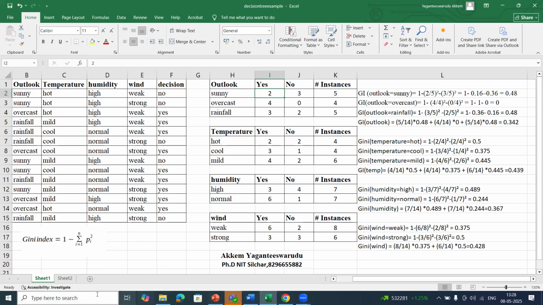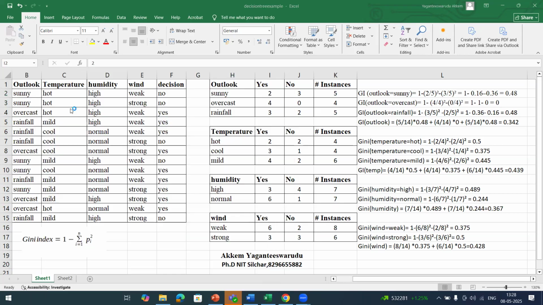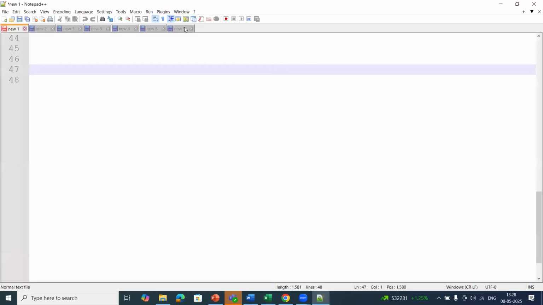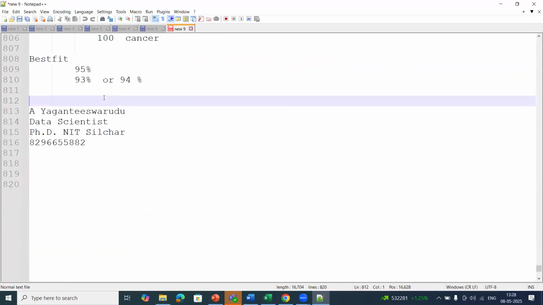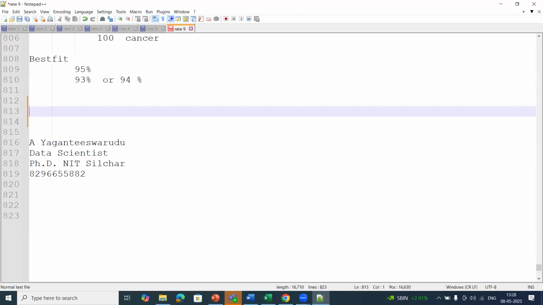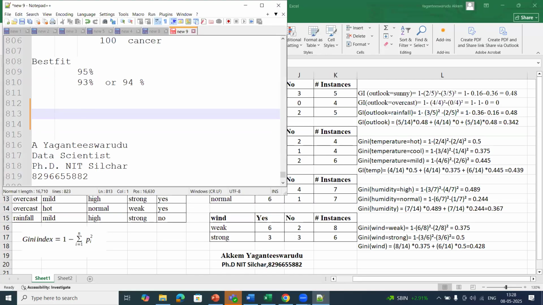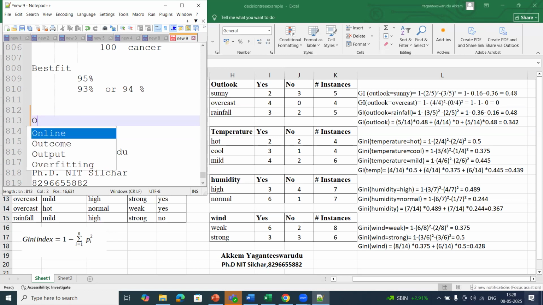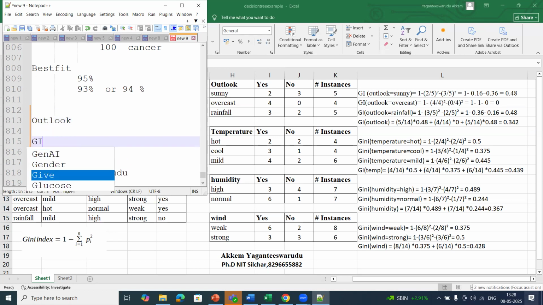And I can simply take a notepad in parallel. So see here, our feature is outlook. In outlook, I need to calculate the Gini index if outlook equal to sunny.